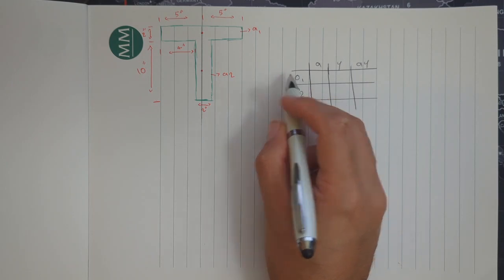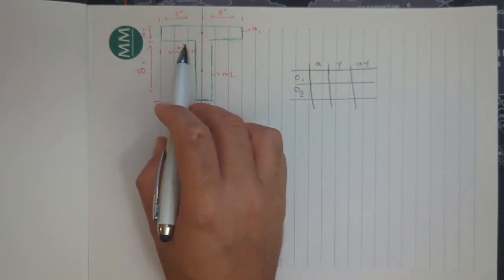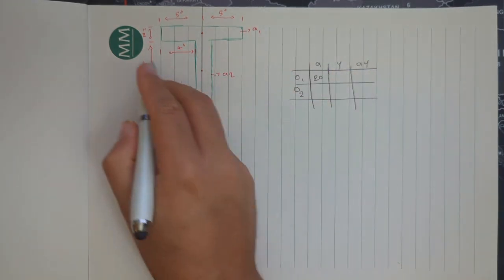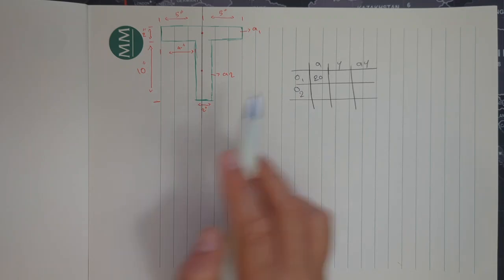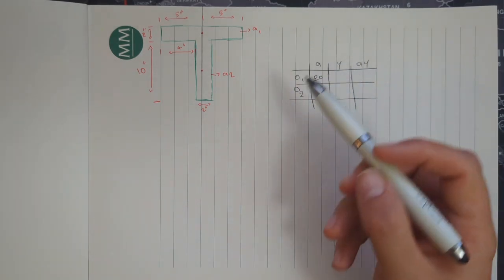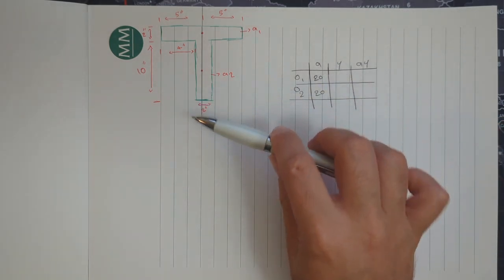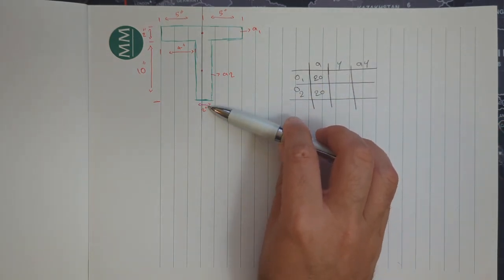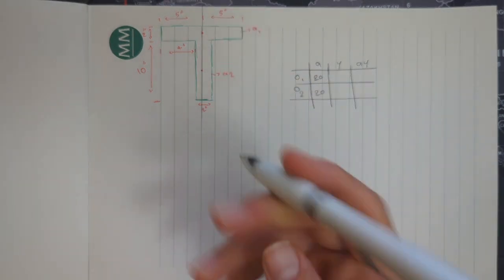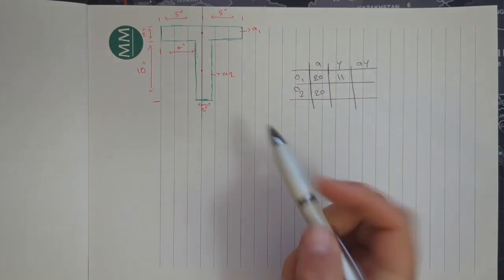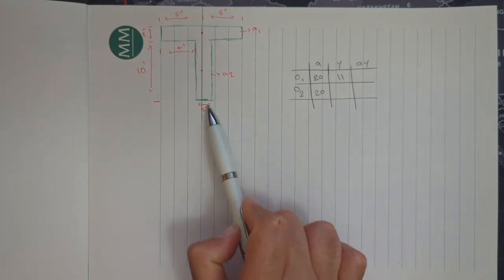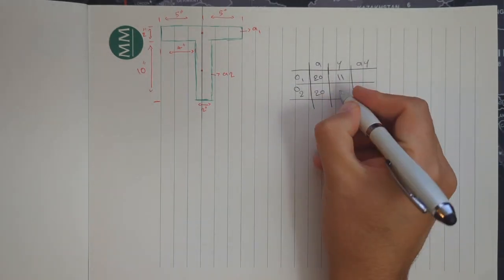So object 1. What is the A for object 1? So 2 times 10, 20. Object 2, 10 times 2, 20. What is the y for object 1? So here to the centroid, which is 11, and from the base to the centroid of object 2, which is 5.